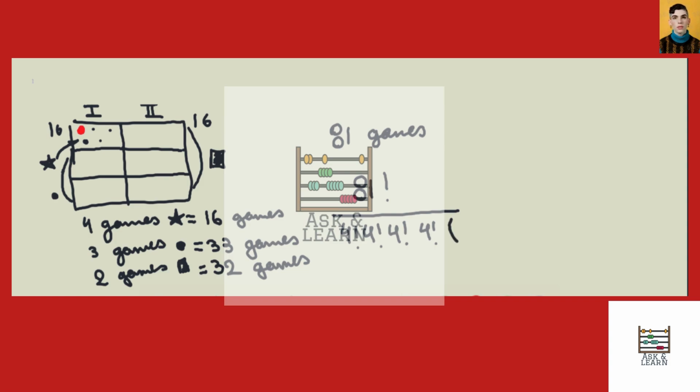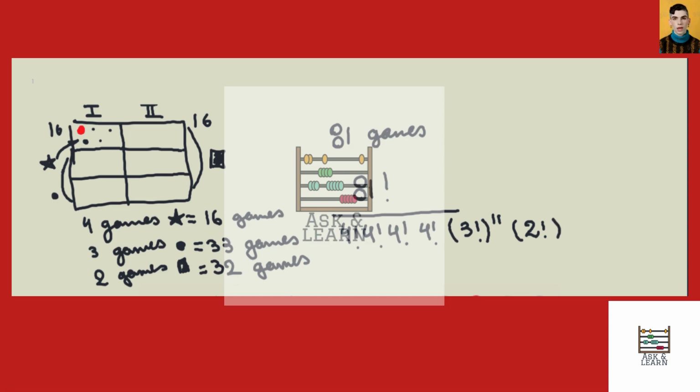Similarly, and we can generalize this a little bit more, we are going to have 3 factorial for each team that is in the same conference but it's not in that division. So that's going to be 3 factorial to the 11 because there are 11 teams. And similarly, we can do the same for the rest of the 16 teams that play 2 games.